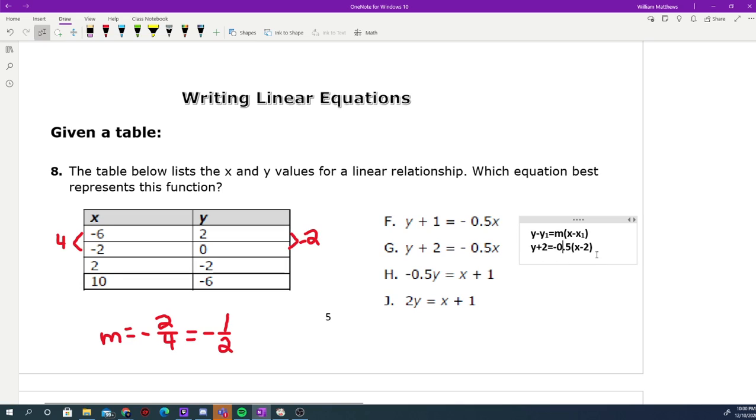If I get rid of the parentheses, just to get it closer to what it needs to look like, that would give me negative 0.5x, and negative 0.5 times a negative 1 gives me a positive 1.